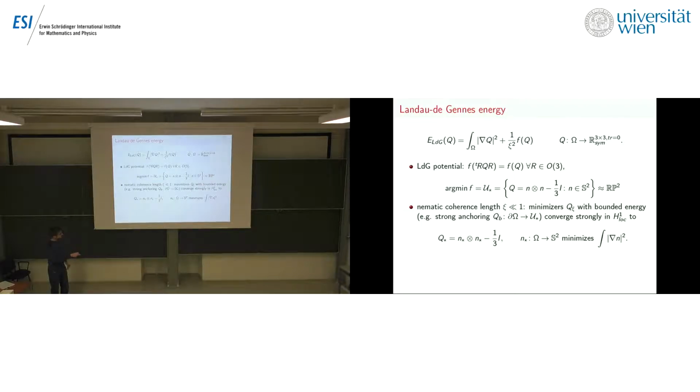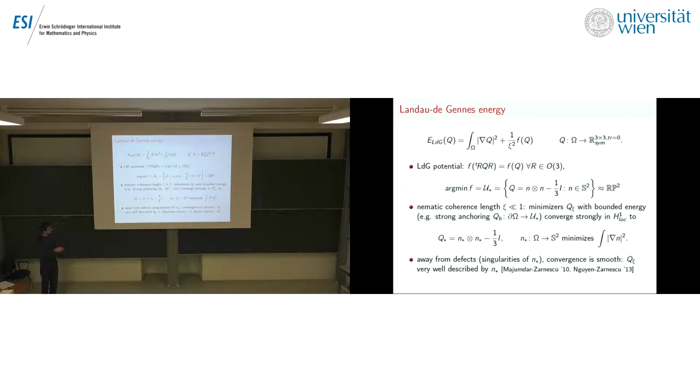N star still has to minimize this one-constant Oseen-Frank energy among configurations which have to be S2-valued. So this is what in mathematics we call harmonic maps. And we saw before this week that they have defects. I mean, they're not that nice, even though the analysis of harmonic maps is quite standard now.